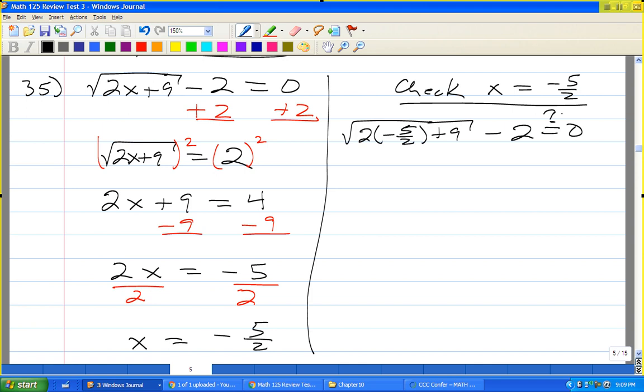Okay, well, let's check. The 2's cancel, so you get the square root of negative 5 plus 9.